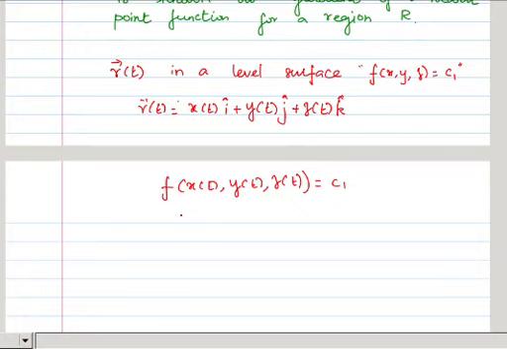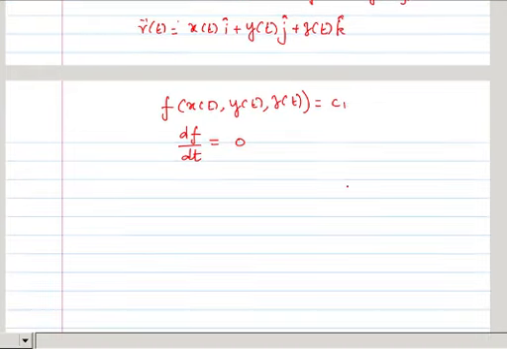Now I take the derivative on both sides. So df by dt equals 0, because c1 is a constant, and its derivative with respect to t is 0.